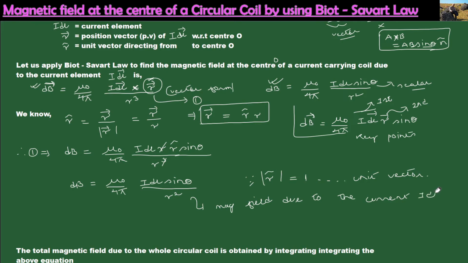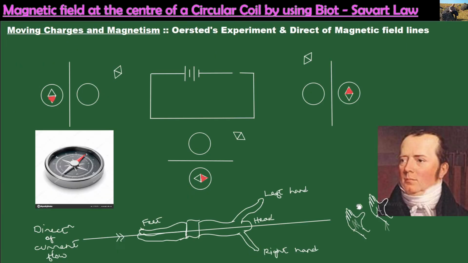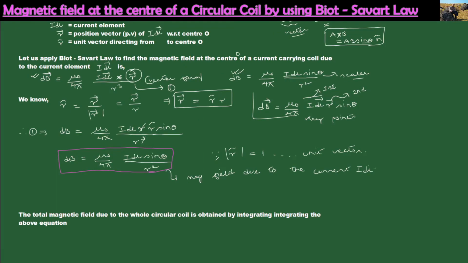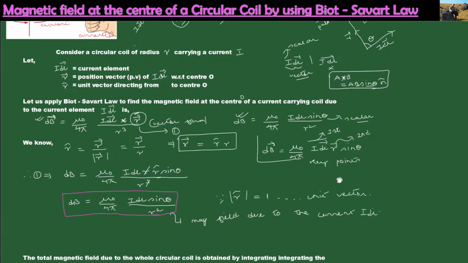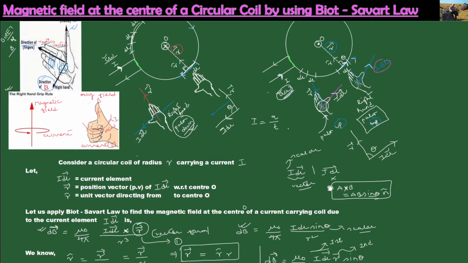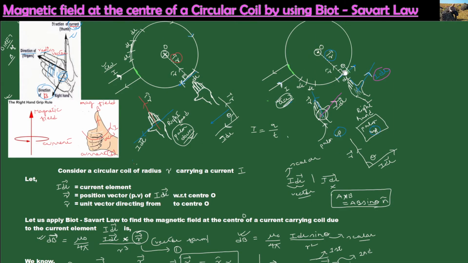So this which we have written over here is nothing but the expression for the current element IDL, which means that this equation over here is nothing but the magnetic field at the center O of the coil due to that small element.